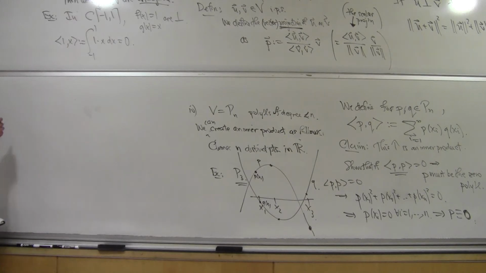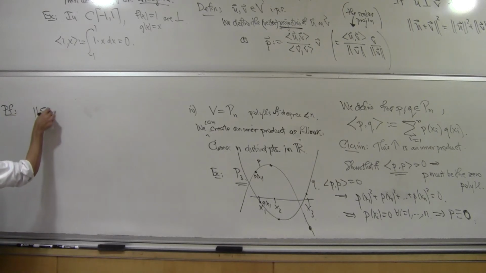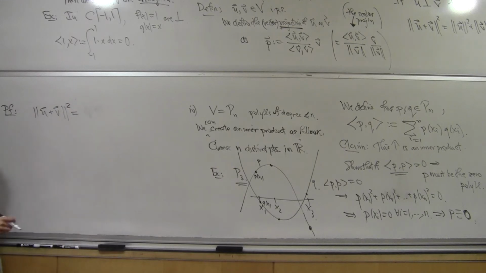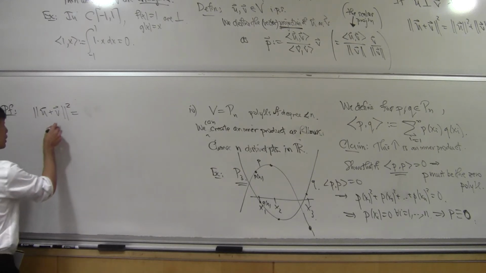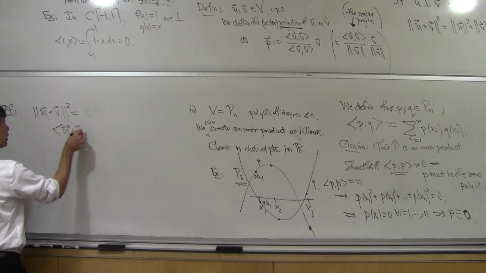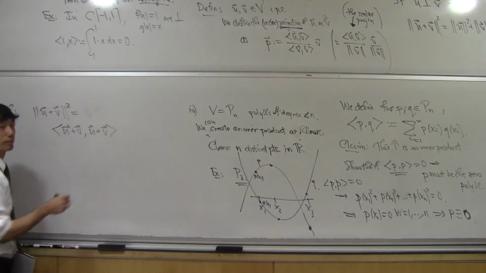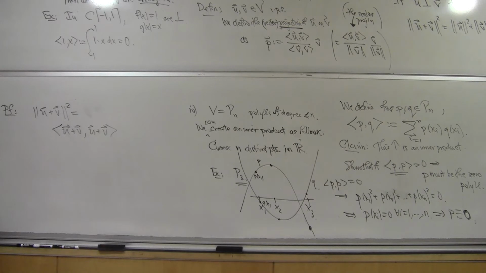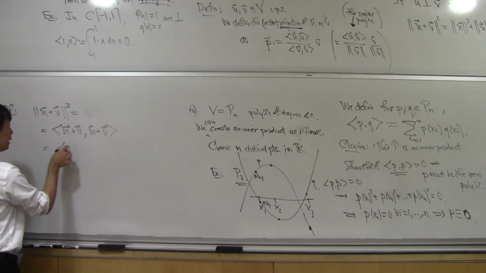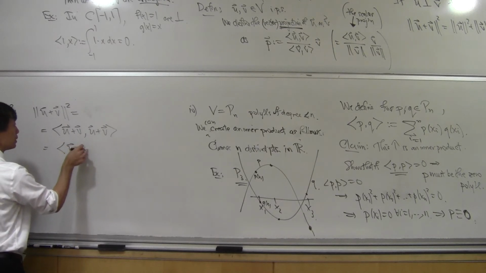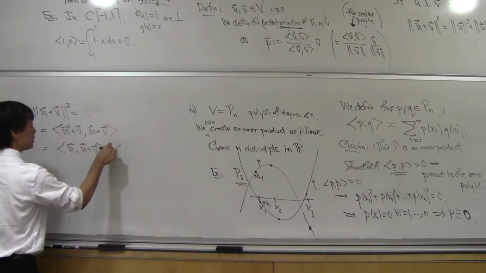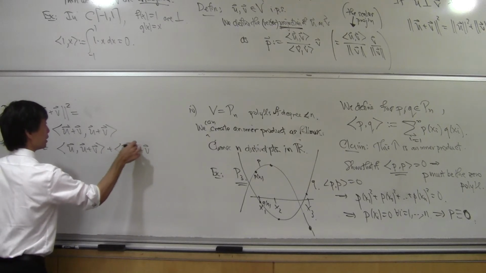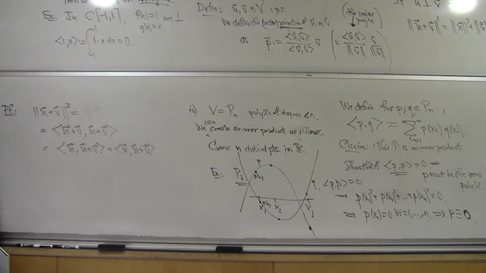Okay, but the proof of this, we actually did last time. It's the same proof that we did last time. Say, well, look, the magnitude squared is just the inner product of the vector against itself. But by linearity in the first variable, that's u against u plus v plus v against u plus v.